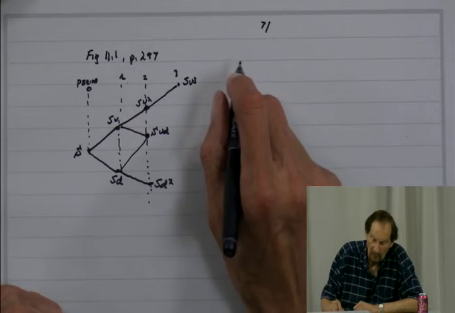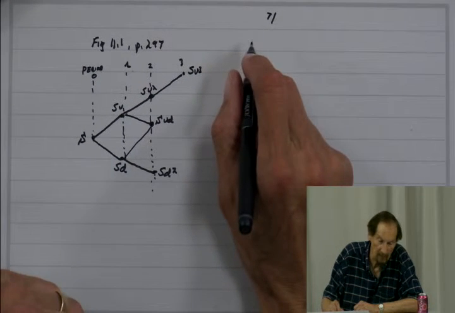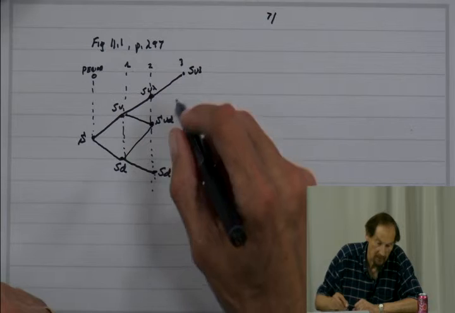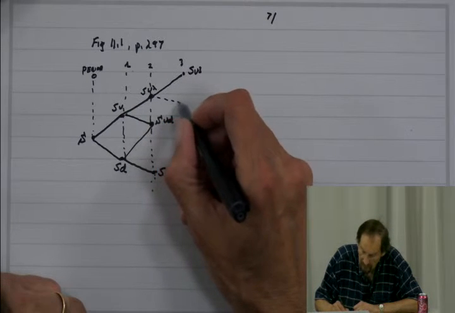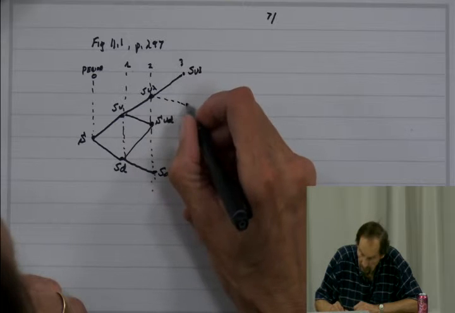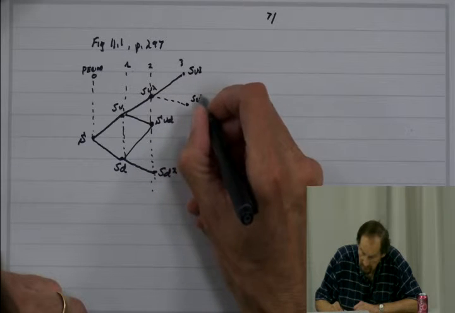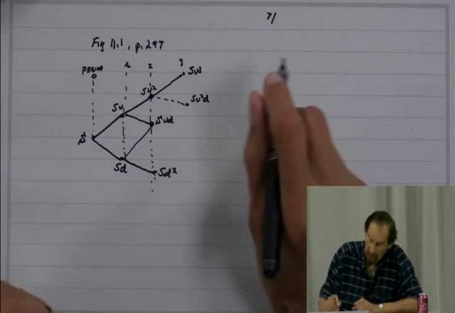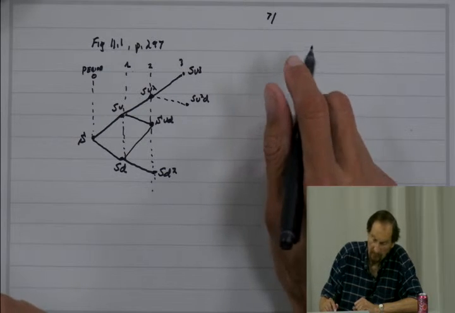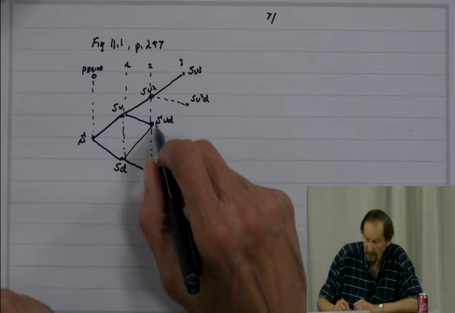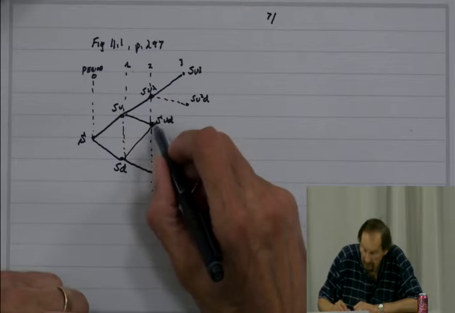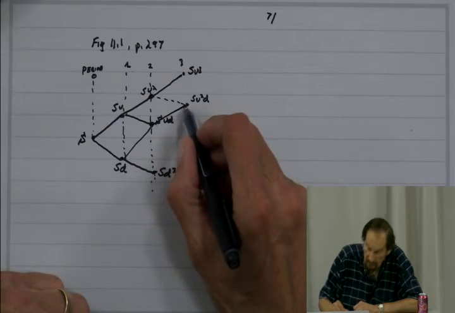Or we could go down to SU squared D. So we have 2 up moves and 1 down move. We can also reach that from an up move from SUD.